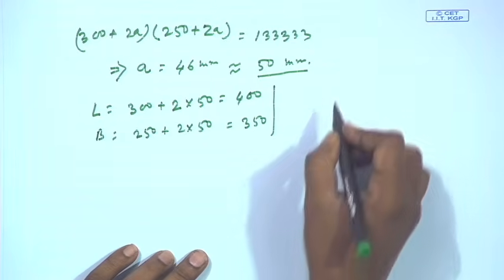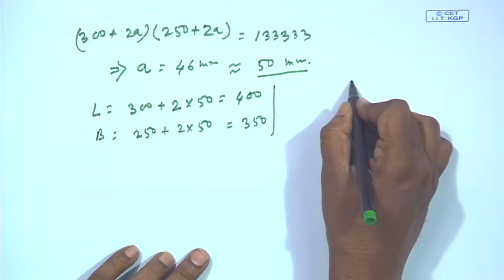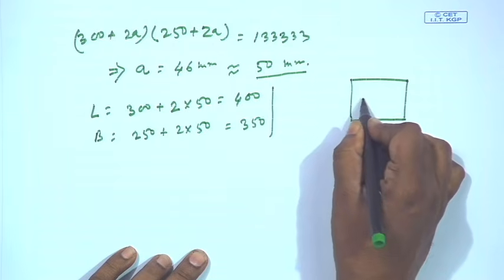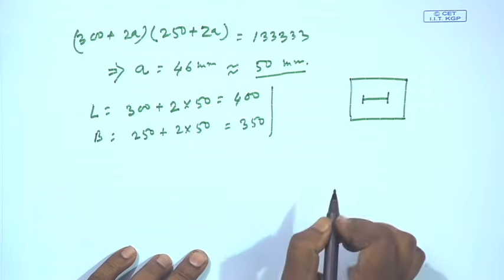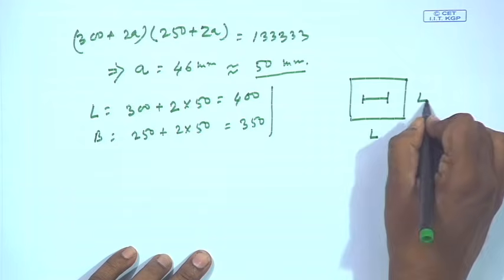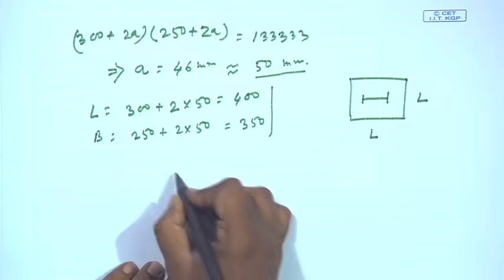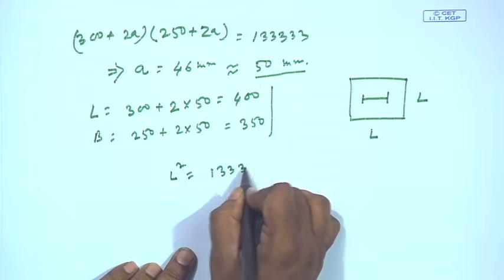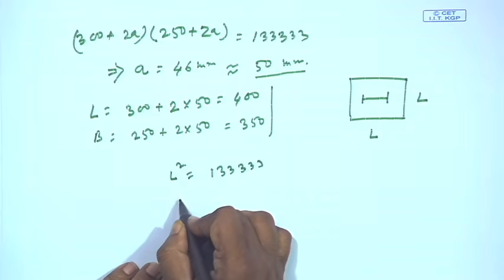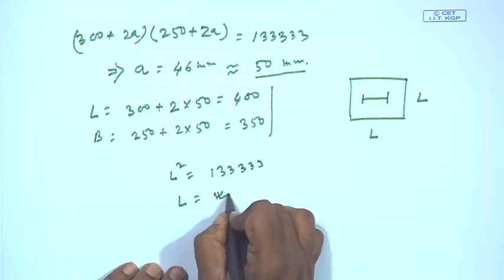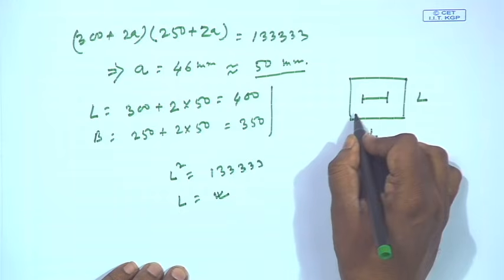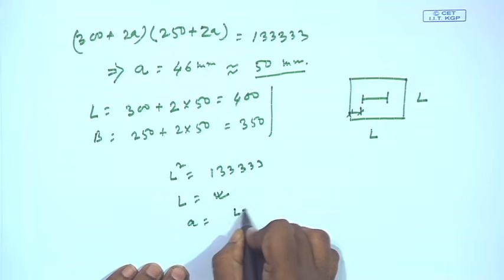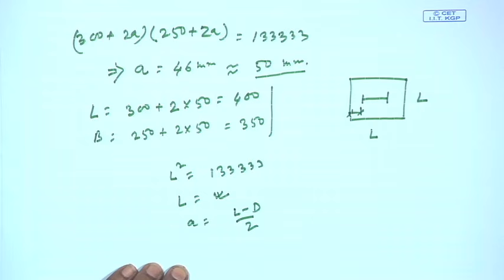In another way also we can do it. If we consider a square base plate, suppose this is L, this is L, then we can find out L square is equal to the total area, 133,333, and from that we can find out L. Once we find L, then the projection A we can find out as (L minus D) by 2.